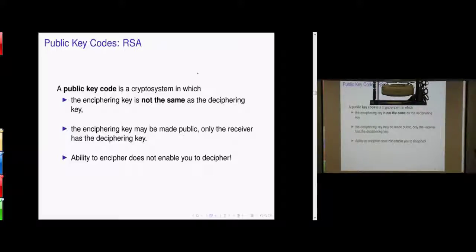Anybody who wants to send me a message uses E, and you are going to see how they do it. E is public. Use E as a tool to code some message and send it to me. Now, besides me, supposedly nobody will decode the message. Even if you know E, as long as you don't know D, it's almost impossible to get the original message.